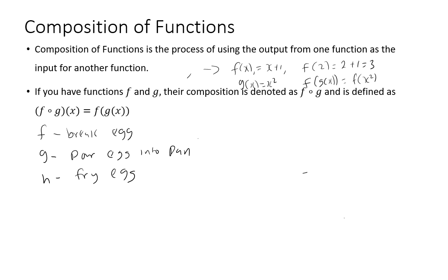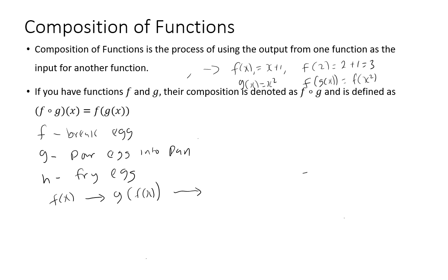First, what I want to do is to break the egg, so I have f of x, that is break the egg. After I break the egg, I want to pour the egg, so I can say g of f of x, that is g after f of x. After breaking the egg, pour the egg.